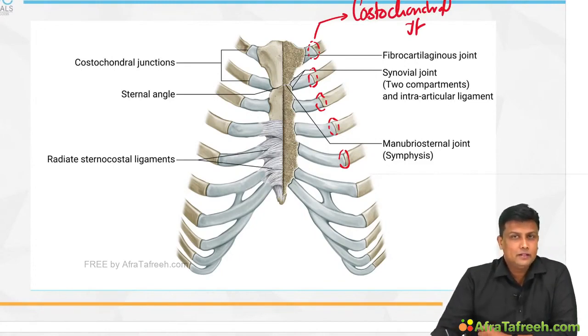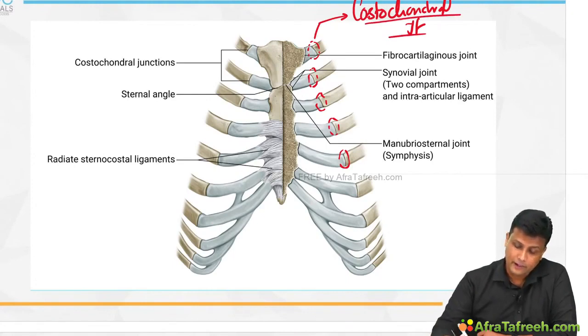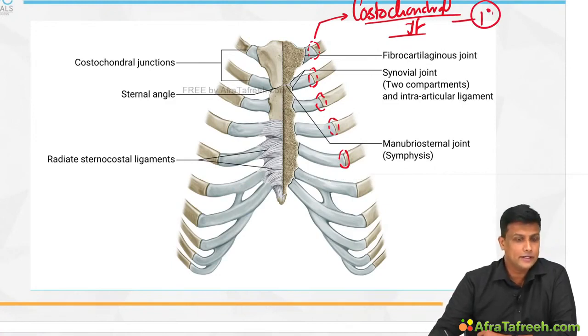The joint between the rib and the costal cartilage there, guys, that is nothing but the costochondral joint. And remember that the costochondral joint is an example of your primary cartilaginous joint. That is one of the examples of your primary cartilaginous joint. Then what about the joint between the costal cartilage and the sternum there, guys?